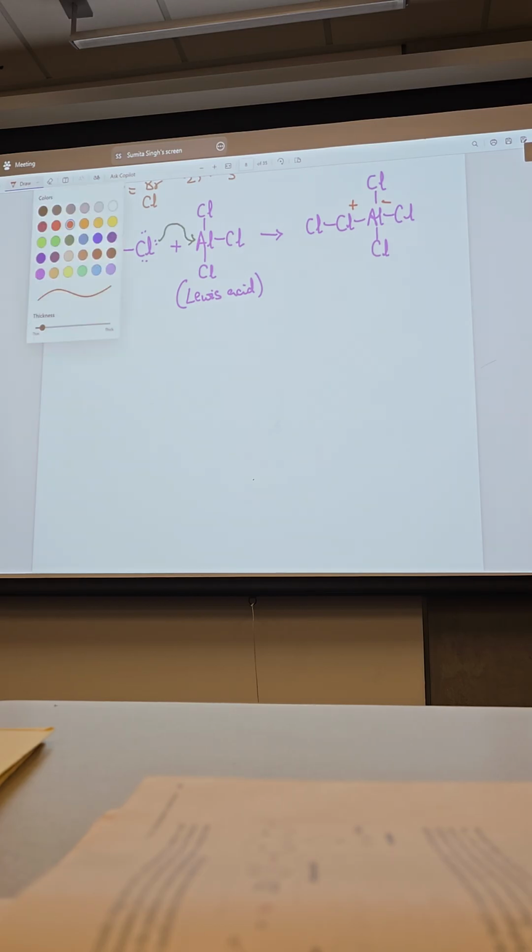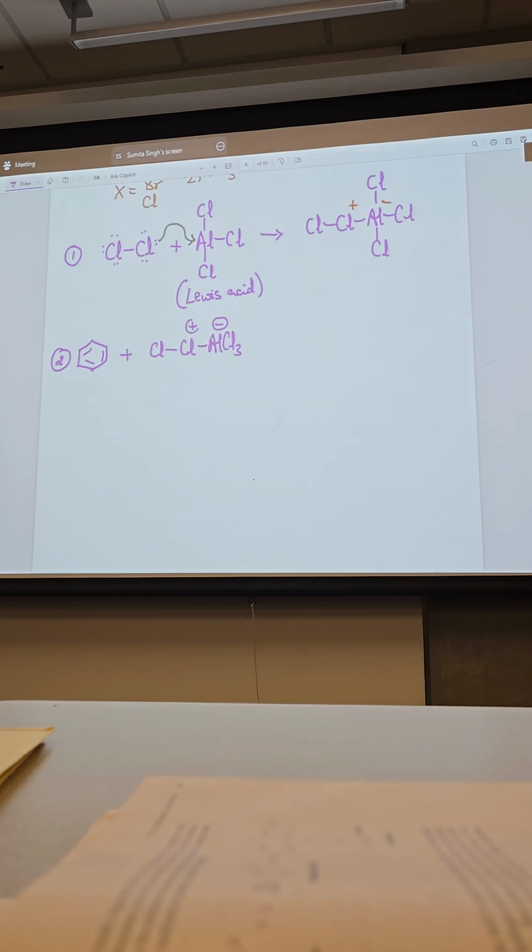Once that electrophile is created, this is where benzene comes in. Benzene is the nucleophile. Remember, that's the electron-rich piece that reacts with the electron-poor piece. Now, please pay attention, this is important. I'm just going to put negative and positive. Which chlorine does the benzene attack?